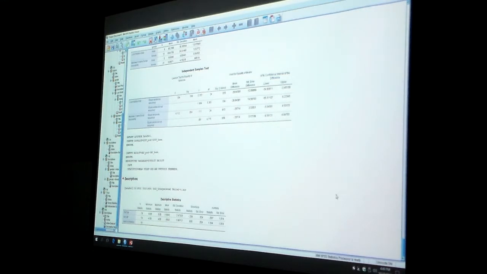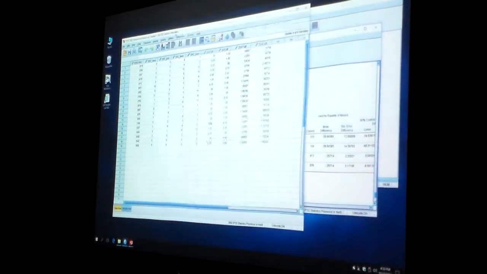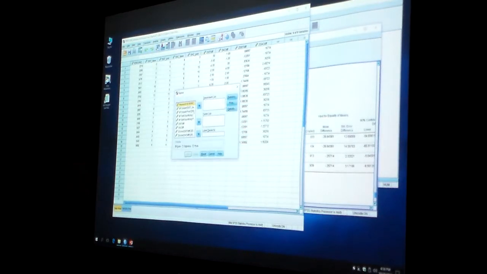If we go down through now and go to analyze, descriptive statistics, explore, basically what we're doing is we're getting graphs for our outcomes.